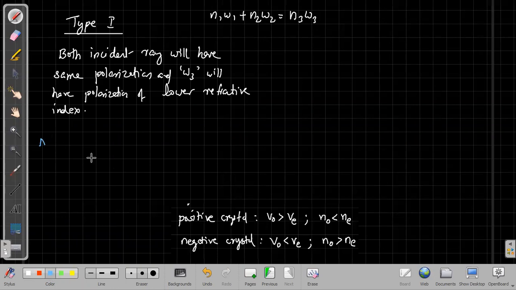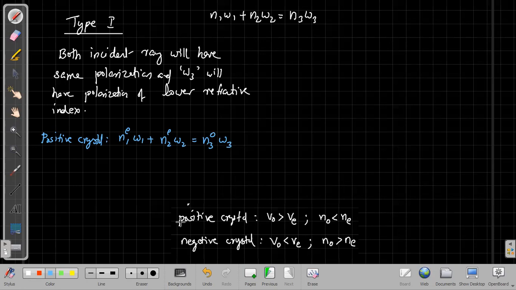We can start with the positive crystal. In the case of a positive crystal, if both omega 1 and omega 2 are of the same type, they should be extraordinary. So it would be n1 extraordinary omega 1 plus n2 extraordinary omega 2 must be equal to n3, and that must be ordinary, omega 3.